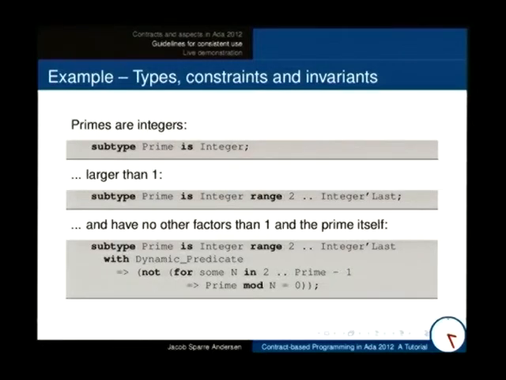And then there's this about primes being larger than 1. I put the range constraint on. And primes are nice because that's not enough. We also need to keep track of the only factors being 1 and the prime itself.